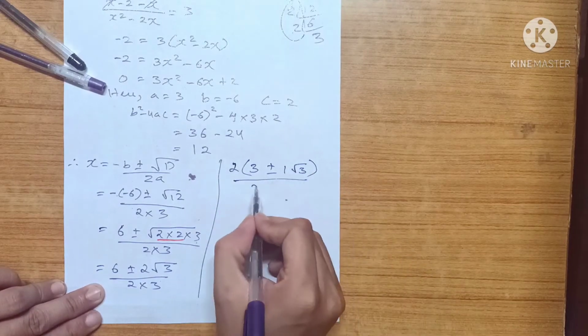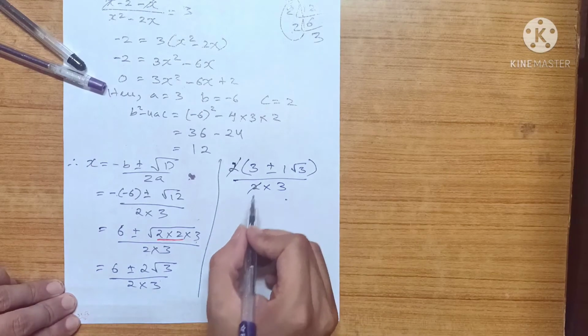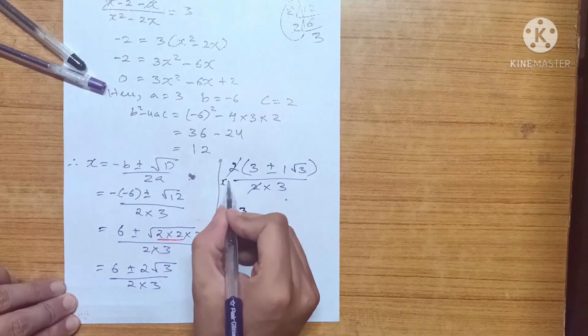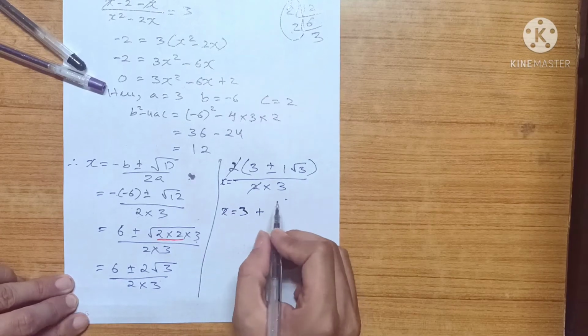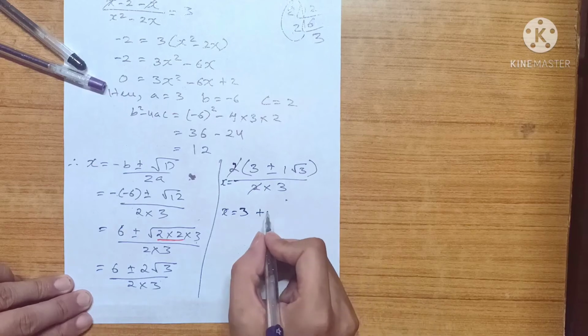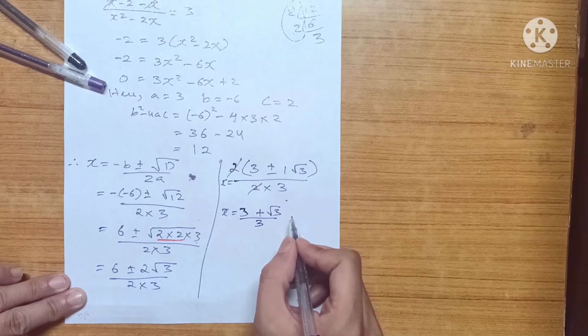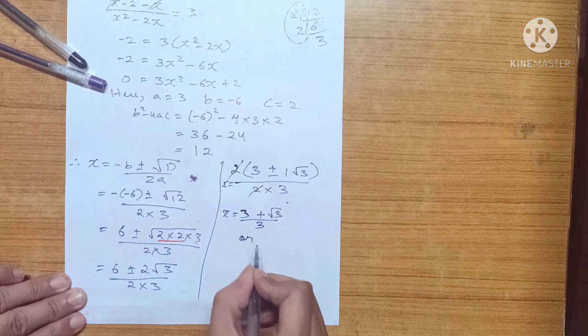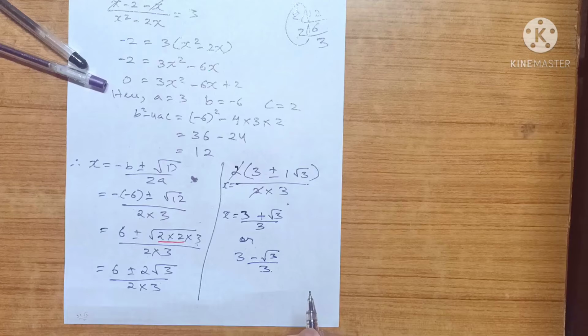Got it? So this 2 and this 2 we can cancel it out, and we are left with x equal to 3 plus 1 into root 3, which is root 3 only. 1 into anything is the same thing only. Root 3 by 3, or 3 minus root 3 by 3. I hope I'm doing it right.